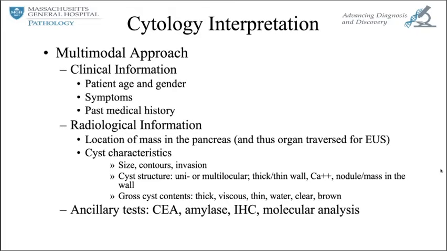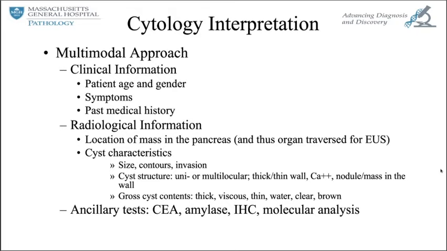What are the imaging characteristics of the cyst? What size is it? What are the contours? Is there obvious invasion? The structure of the cyst, whether it's unilocular or multilocular, the wall thin or thick. Is there calcification in the wall, or is there a nodule or mass in the wall? Is it an enhancing nodule?